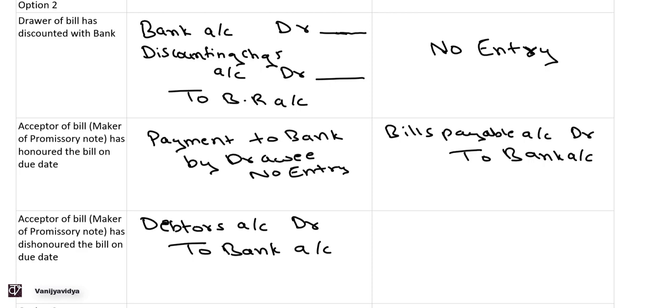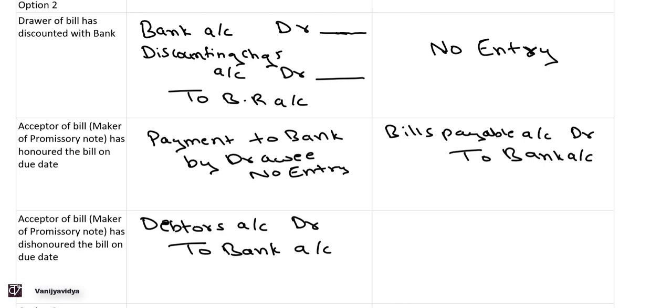Now this bills receivable is dishonored, and there was no bills receivable in the books of the drawer since he had discounted the bill. Whatever payment he has made to the bank is recoverable from that debtor on whom the bills receivable is drawn. So in that case, the entry will be debtors account debit to bank account.